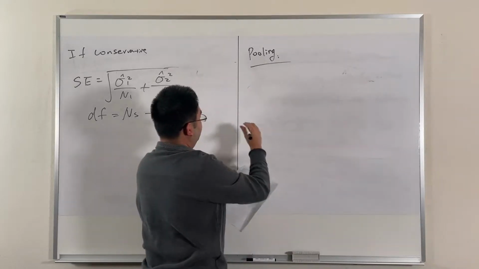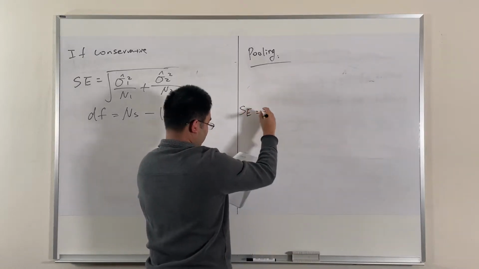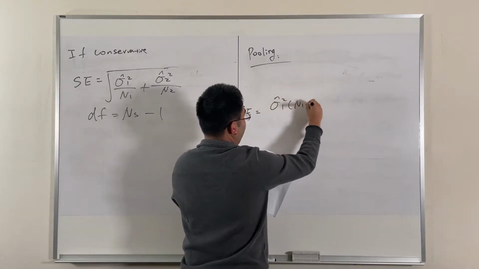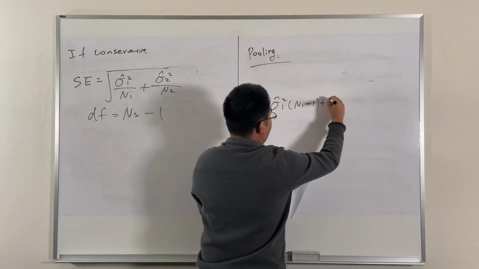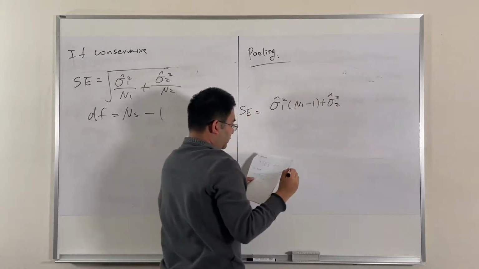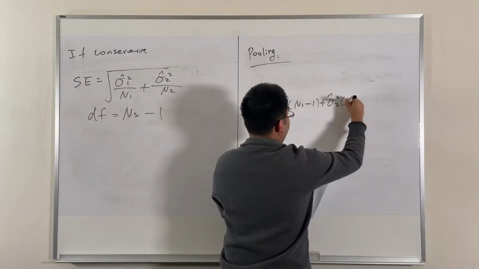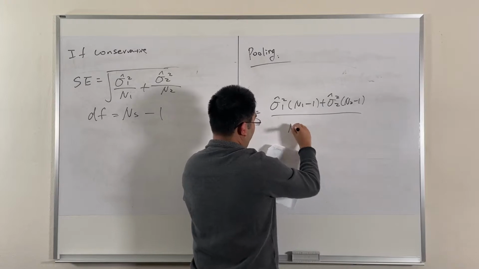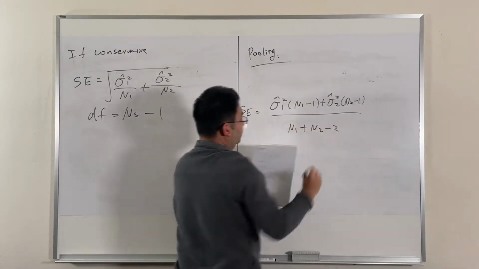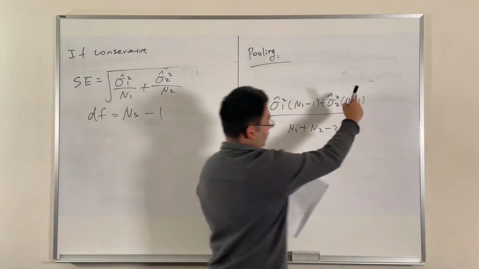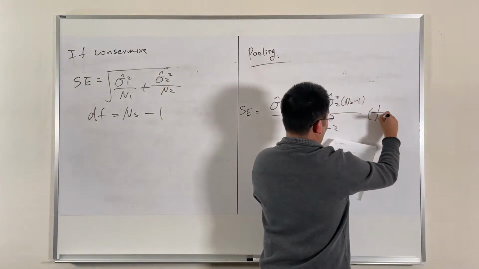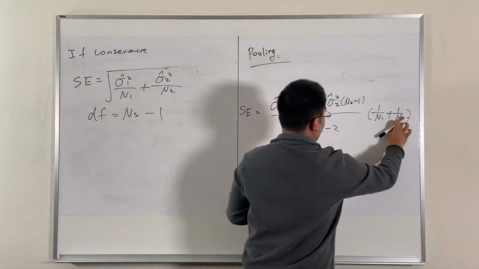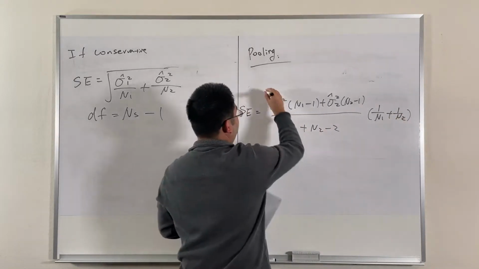You just say the standard error equals the first variance times the first sample size minus 1, plus the second sample variance times n2 minus 1, and then you divide by n1 plus n2 minus 2. This whole thing is multiplied by 1 over n1 plus 1 over n2, and you're going to take the whole square root, right?